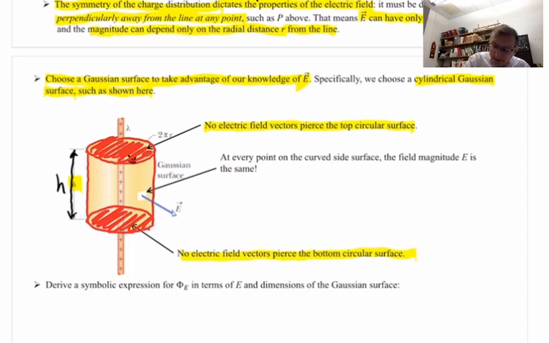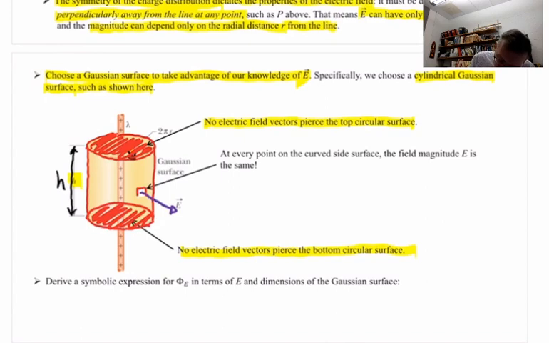And in fact, the picture here shows an example of that piercing with an electric field vector E piercing a little patch dA there on the curved side. So we get piercing of the electric field vector through the Gaussian surface on the curved side only.